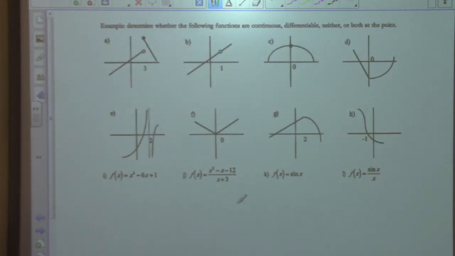Nice. All right, if you go to this next exercise set, you just look and see if the functions are continuous, differentiable, neither, or both at the point. Here would be at x equals 3, 1, 0, 0, 2, 0, 2, and negative 1.